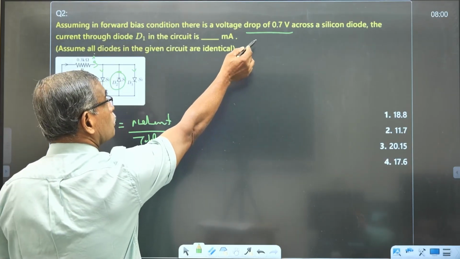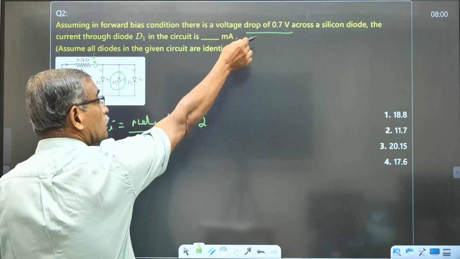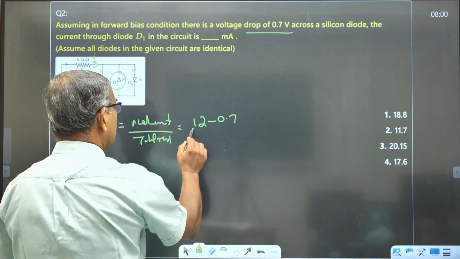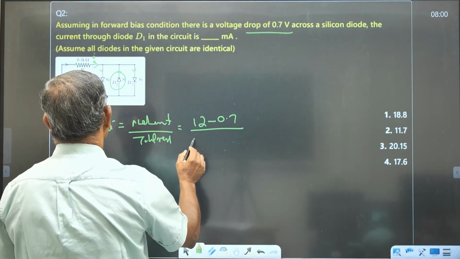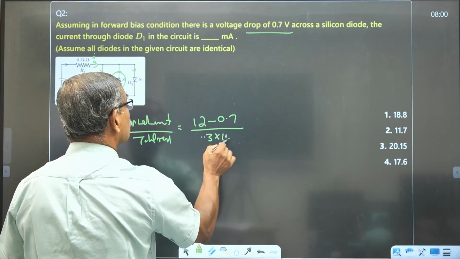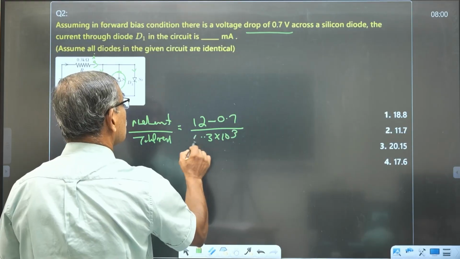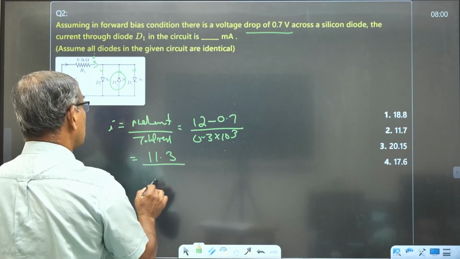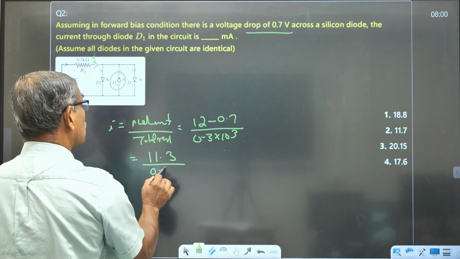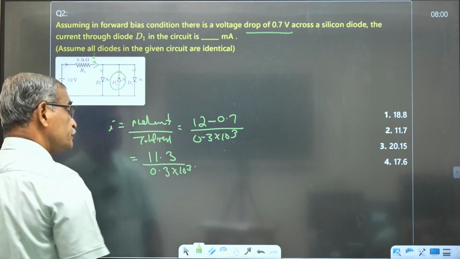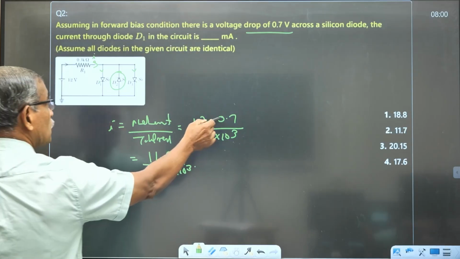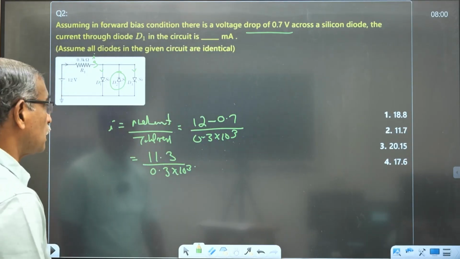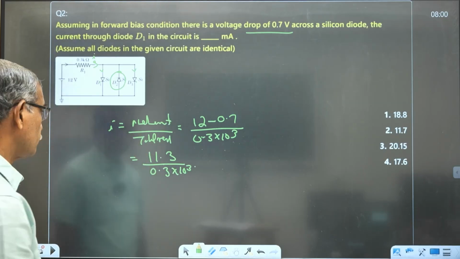The potential barrier voltage is equal to 0.7, so minus 0.7, sorry, by total resistance, 0.3 into 10 raised to 3. This calculation is equal to 11.3 by 0.3 into 10 raised to 3. The net EMF is given by 12 minus 0.7.